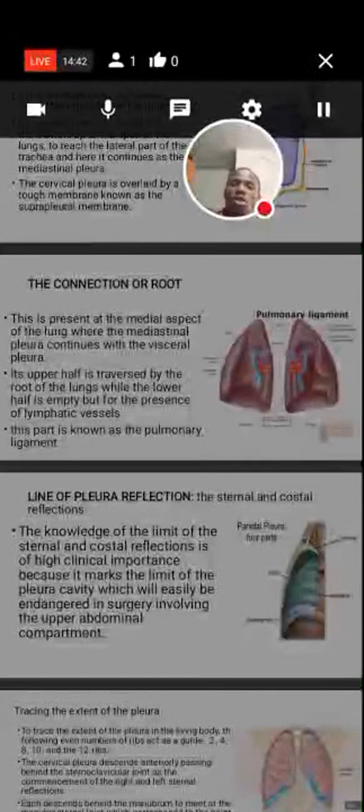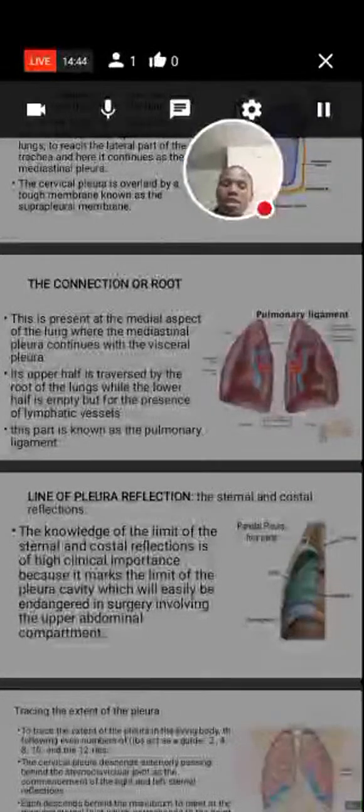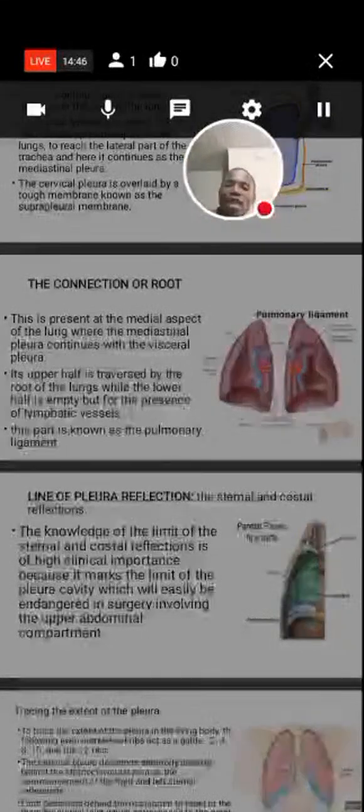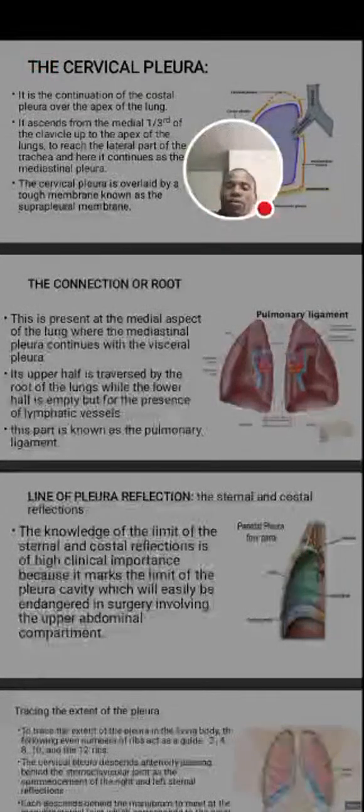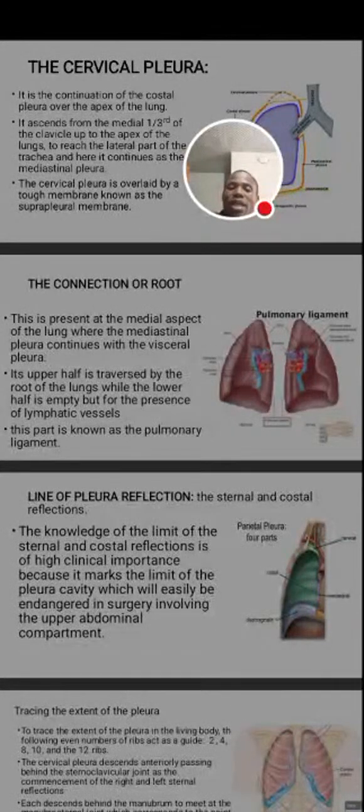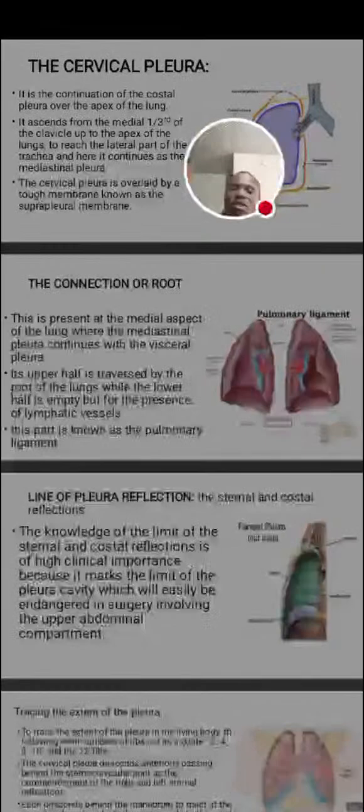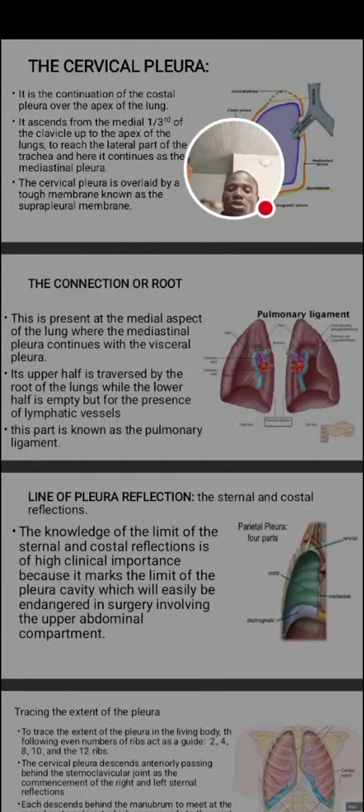This is present at the medial aspect of the lungs where the mediastinal pleura continues with the visceral pleura. Its upper half is traversed by the root of the lungs at the hilum of the lungs, while the lower half is empty but for the presence of lymphatic vessels. This part is known as the pulmonary ligament.